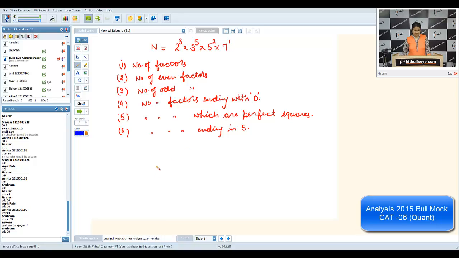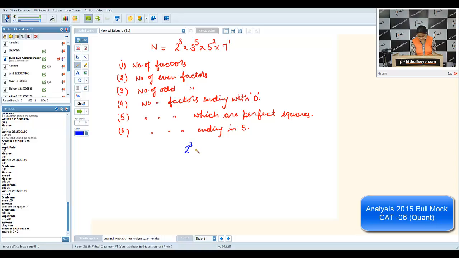Odd 36. I'm waiting for the 4th, 5th, 6th part. Ending in 0, 2. Okay. No, Shivam, this is not the answer. Let us see. First of all, I'm explaining the basic part.